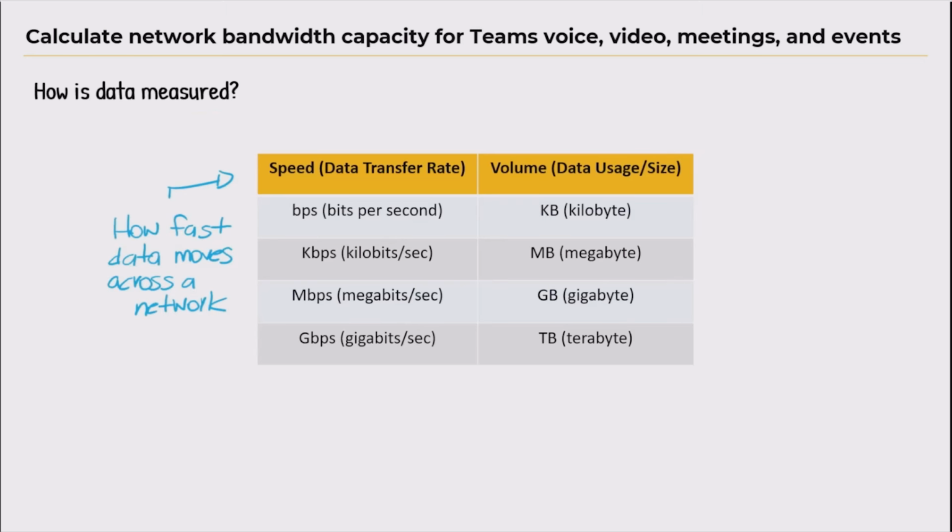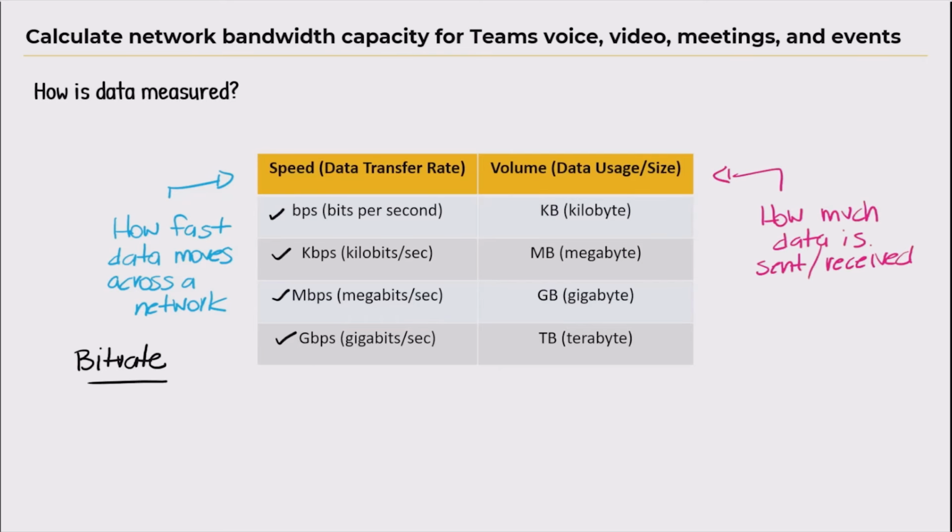So how much data is being sent or used every second. We can see the measurement here being bits per second, kilobits per second, megabits per second, along with gigabits per second. We also have volume here, and volume is how much data is being sent or received. And here the data is being measured in bytes. So kilobytes, megabytes, gigabytes, and also terabytes. So let's go back to my browser.